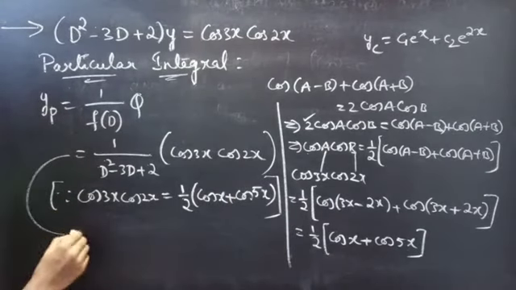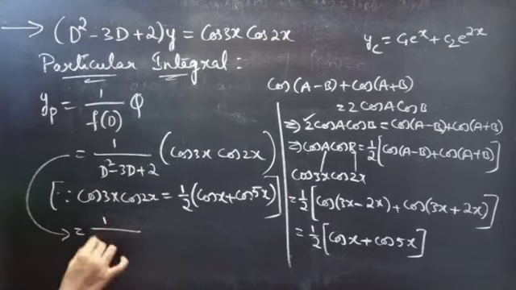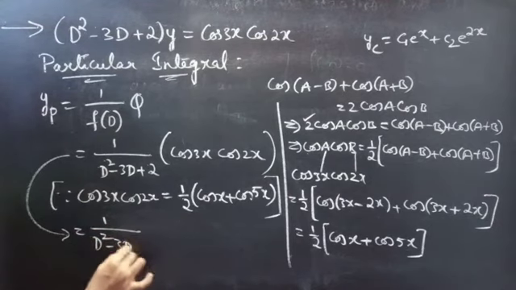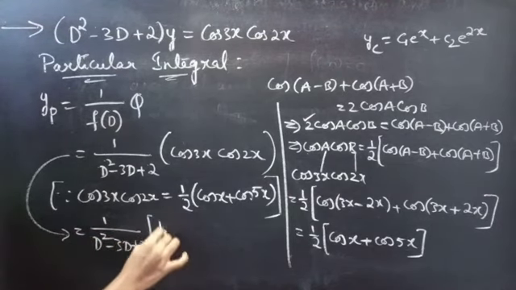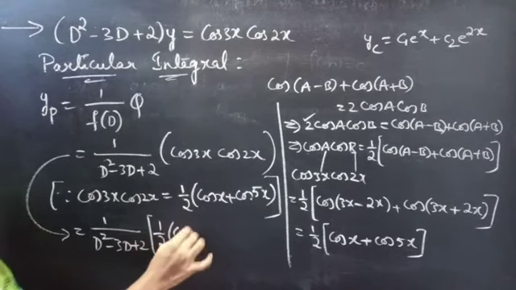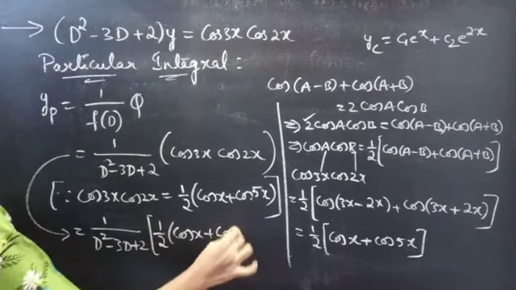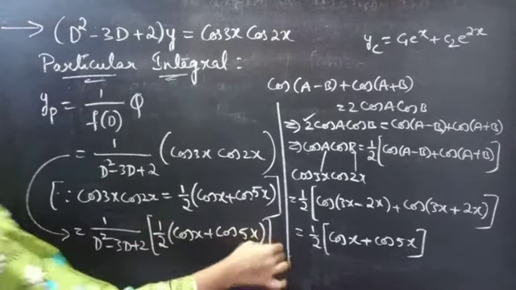Now this becomes 1 by f of D into 1 by 2 into [cos x plus cos 5x], right?